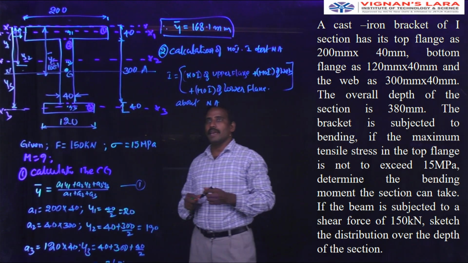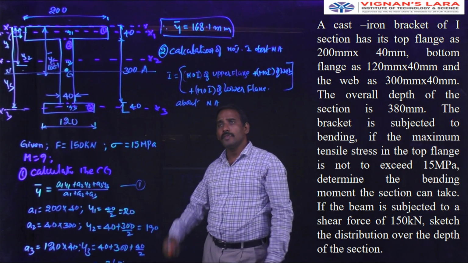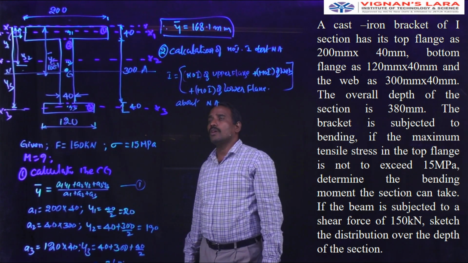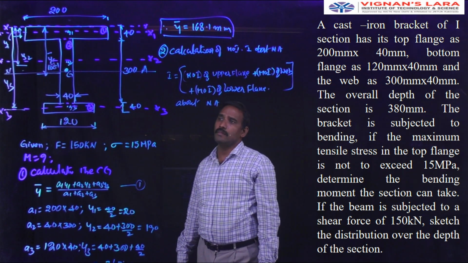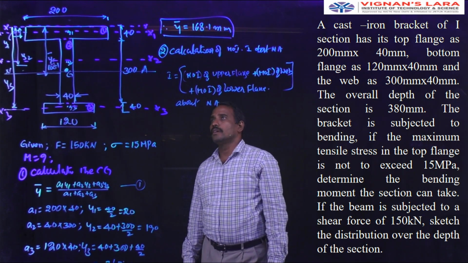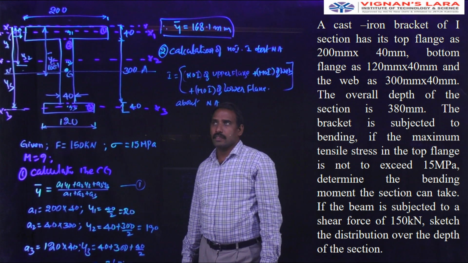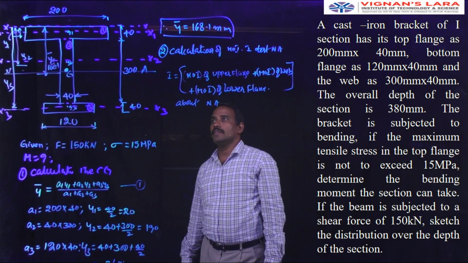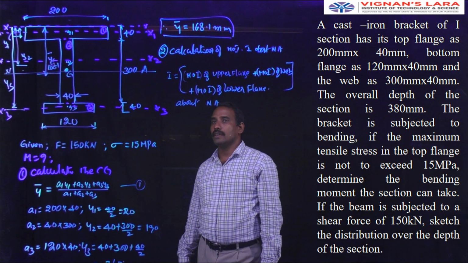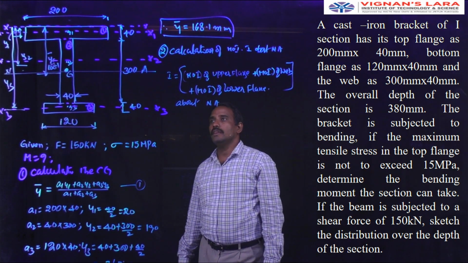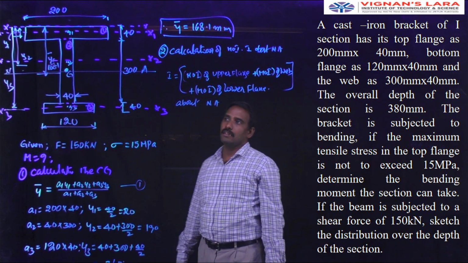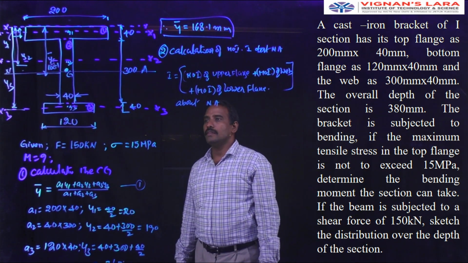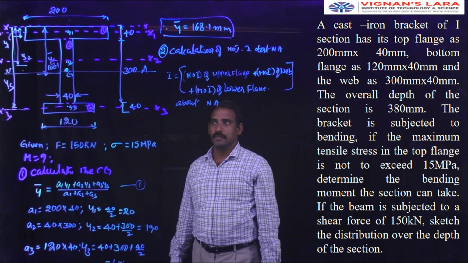All these three axes are parallel to the neutral axis. So the NA is a non-central axis to the first, second and third elemental central axes, so you can use the parallel axis theorem. By using the parallel axis theorem, you can find the moment of inertia of the first elemental area about NA, similarly the second elemental area about NA, and then the third elemental area about NA.